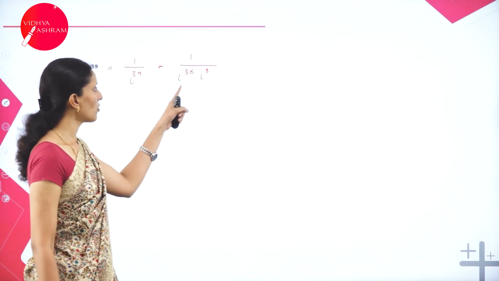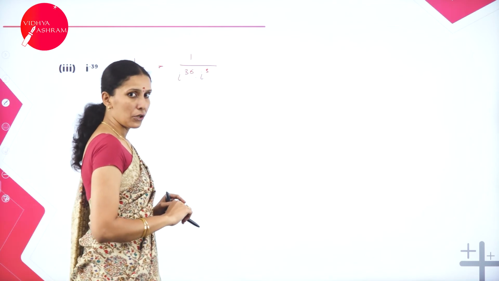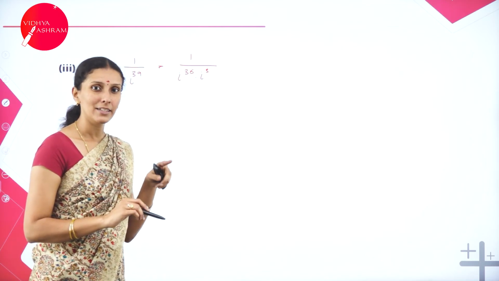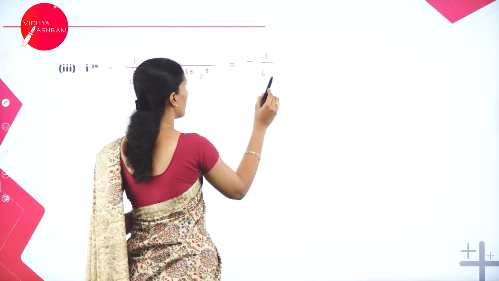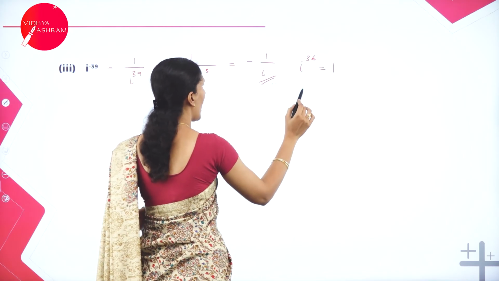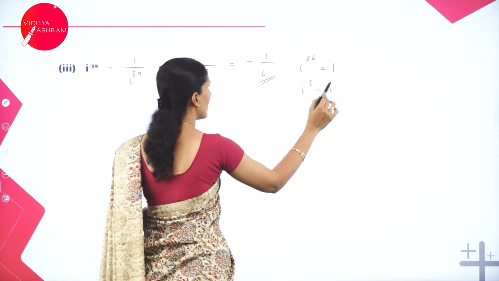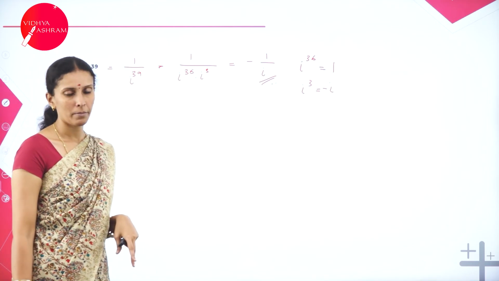Remember, for multiples of 4, the value of i is always 1, and i cube, what is the value of i cube? It is minus i. So therefore it is minus 1 by i, because i power 36 value is 1 and i cube can be written as minus i. So the value is minus 1 by i.